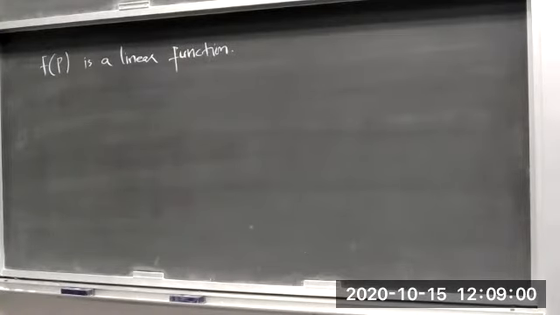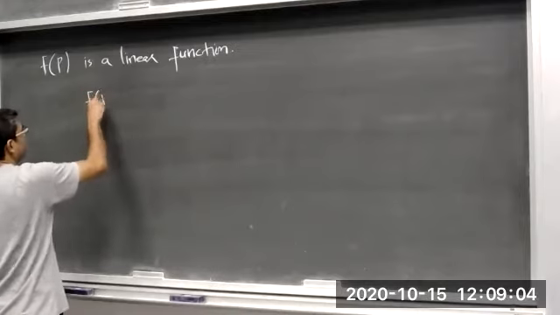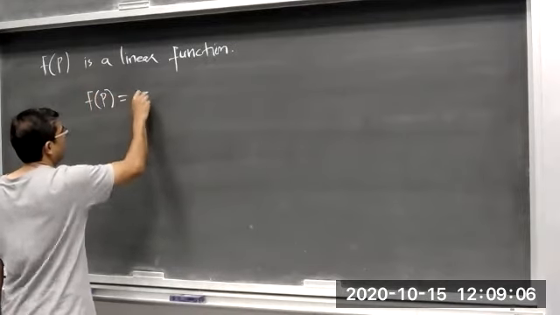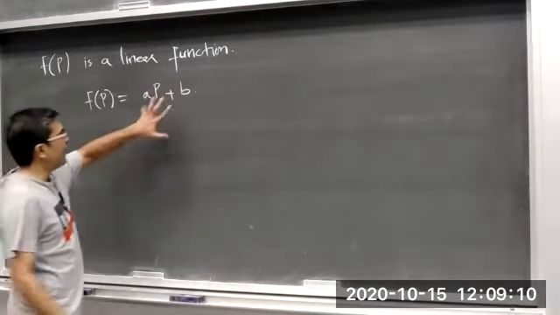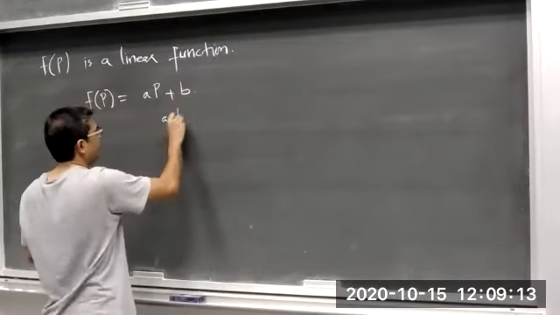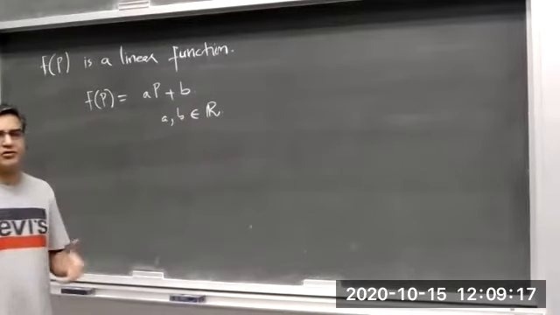If we assume that it is a linear function, then we can write it in this form: a p plus b, where a and b are some constant real numbers, a and b belong to R.